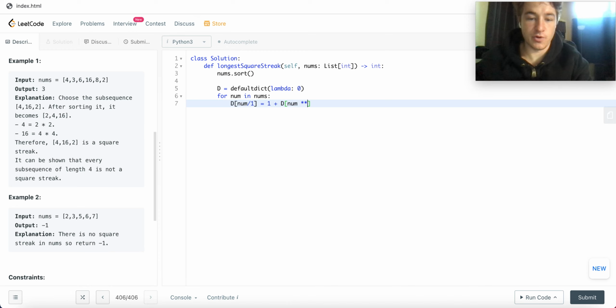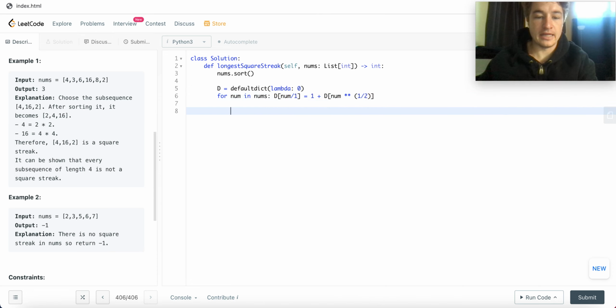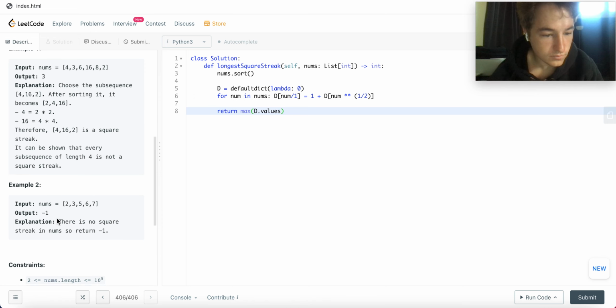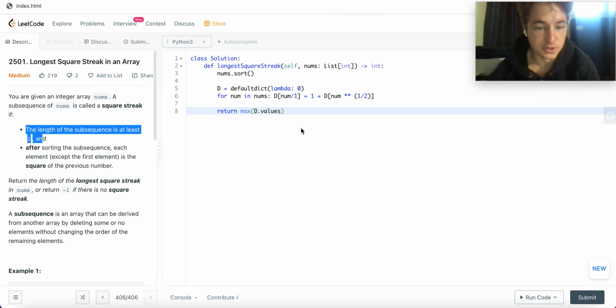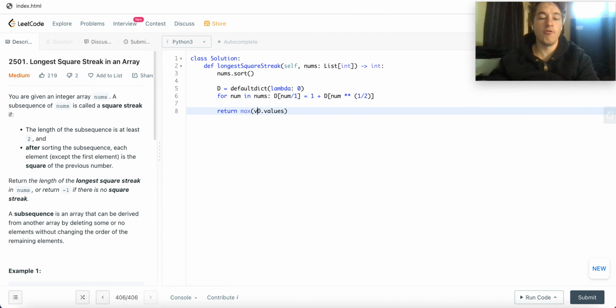So how do you take the square root of something? So you take that, and then you do 2.5. And then at the end, we return the max of the values of d. But it has to be at least length 2, so we could look at each value in d dot values.